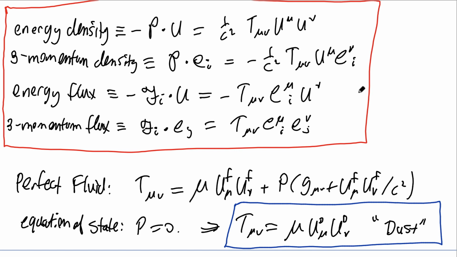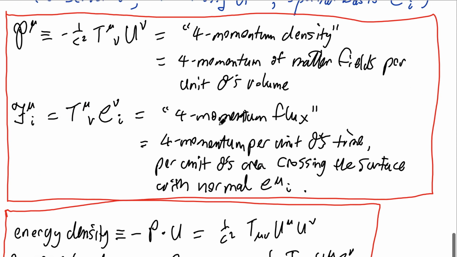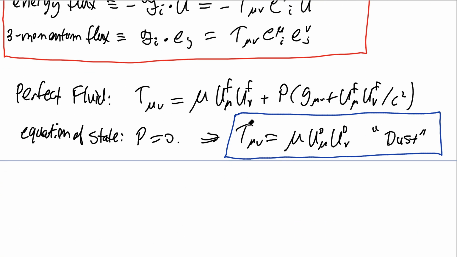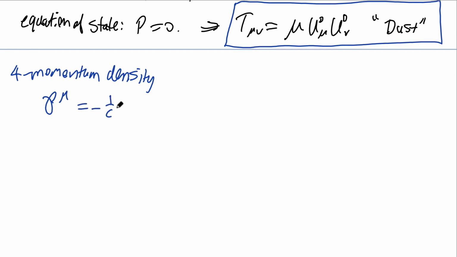And let's start by returning to these basic definitions of the 4-momentum density and 4-momentum flux. So first, the 4-momentum density. That's P^μ equals minus 1 over c squared times T^{μν} u_ν.